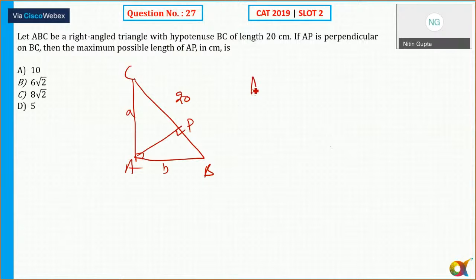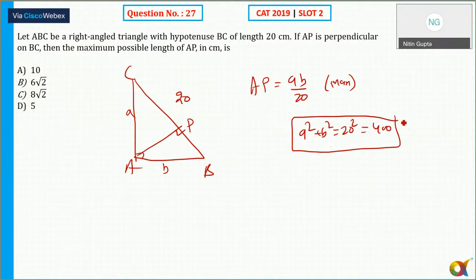So we know that the length of AP is equal to A into B by 20. I need to find out A square plus B square, which is equal to 20 square, which is equal to 400. So A square plus B square is fixed, and the product is maximum when? When there is symmetry, so A square should be equal to B square.